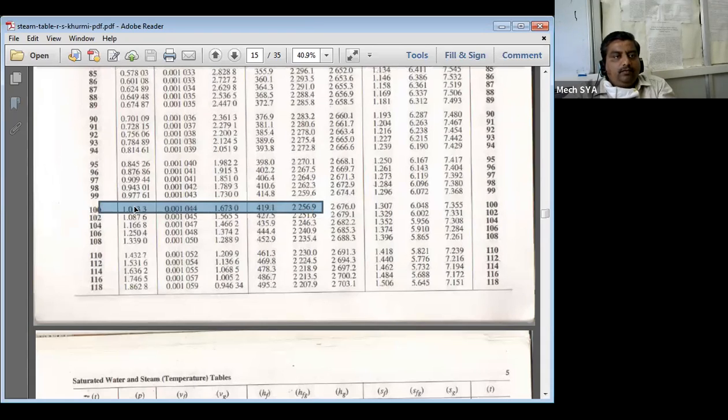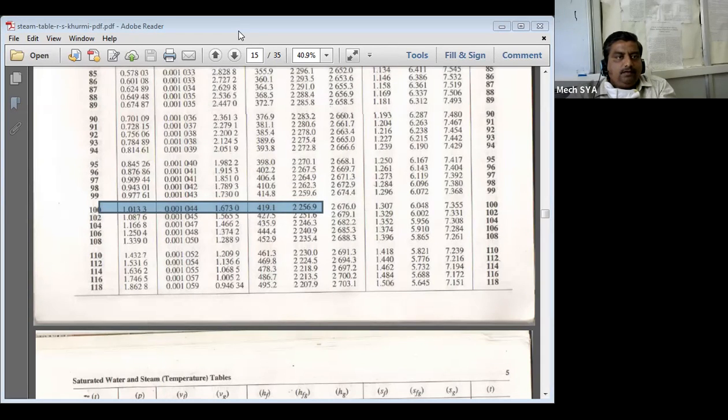Everybody understand this value is 2256.9. Ask me the others, please reply. Others, please reply. Concentration is required. At 1 atmosphere, Asmita Sarvade is the only one telling the answer, 2256.9 kilojoule per kg. The unit will be kilojoule per kg.